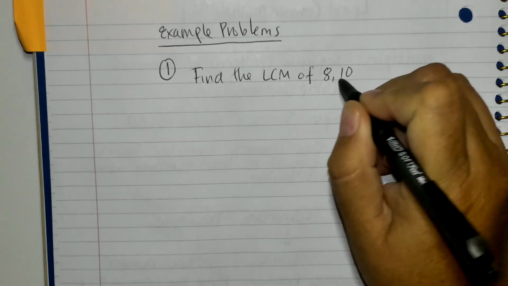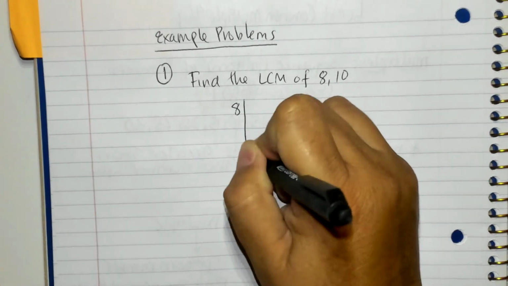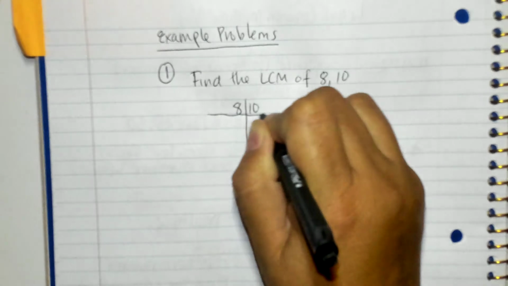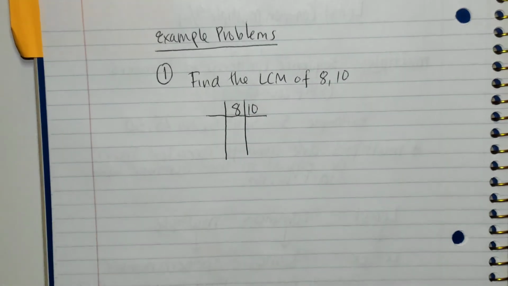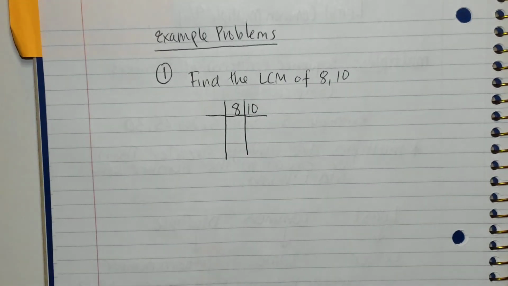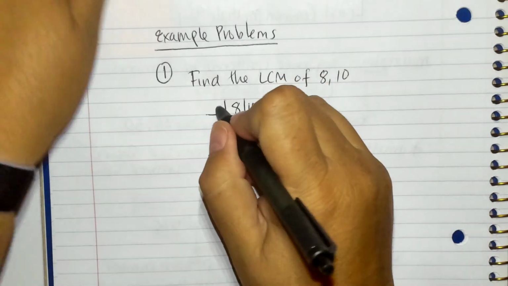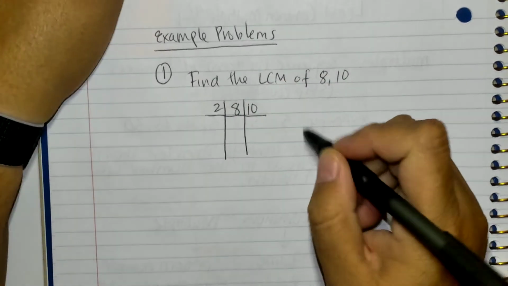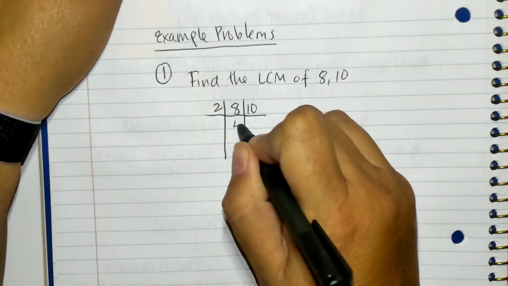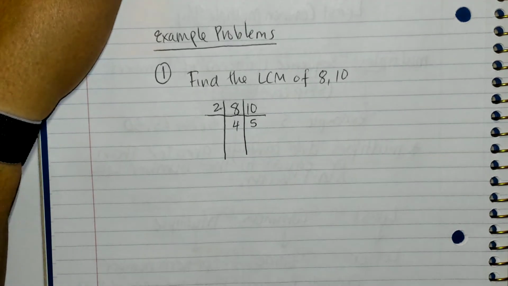We just did 8 and 12. So 2 goes into both 8 and 10, 4 and 5.